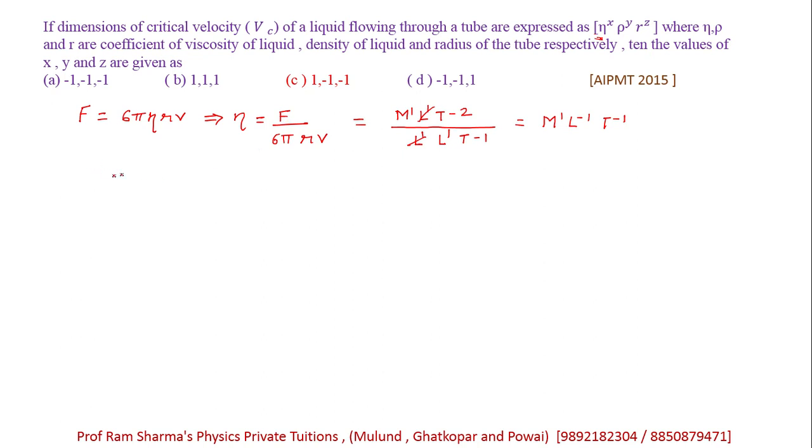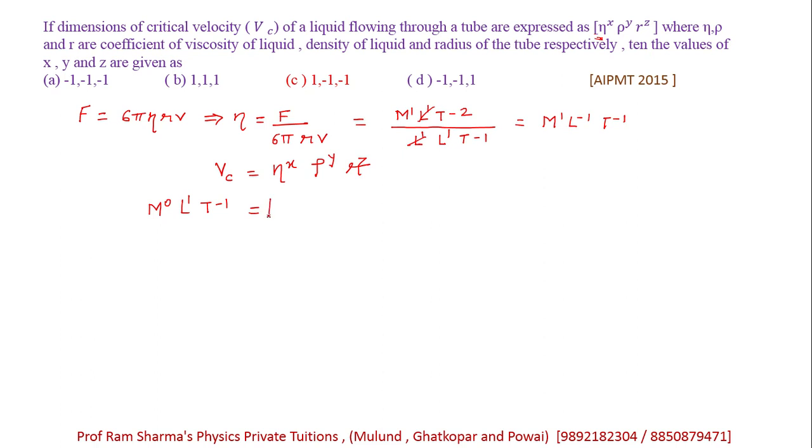Now, according to the given question, Vc is equal to eta to the power x, rho to the power y and r to the power z. Substituting the dimensions, velocity is nothing but M⁰L¹T⁻¹.